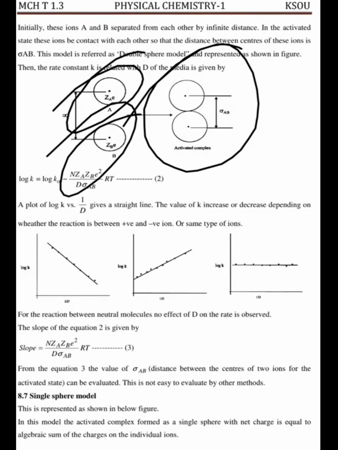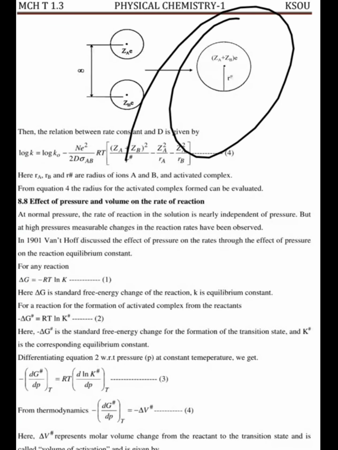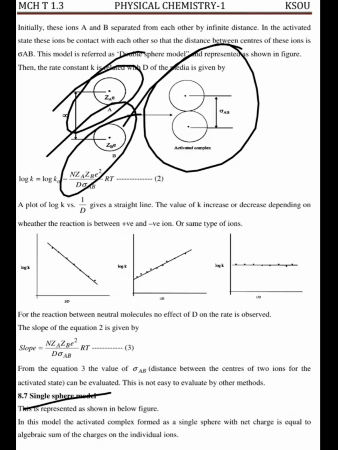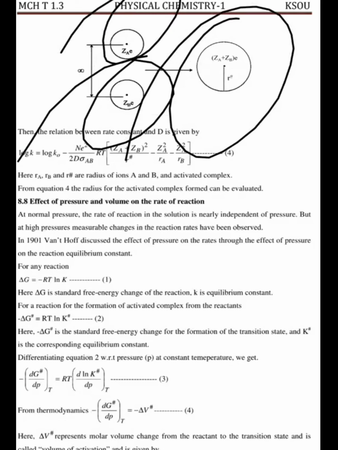Next, in the single sphere model, they will get in contact and become a single sphere. So that is the difference between the double sphere model and the single sphere model. These two are the reactants we have taken. Some of them will merge and some will be in two different stages.